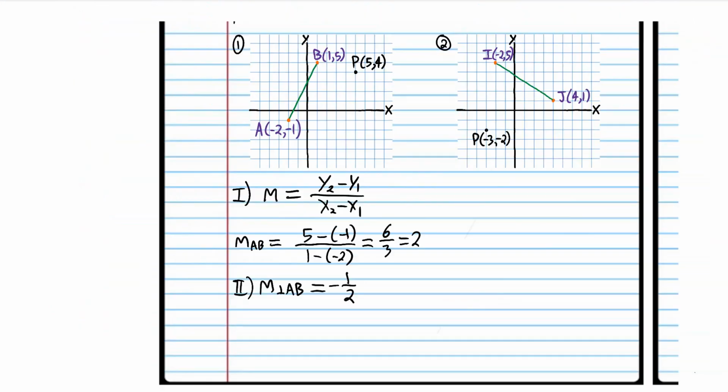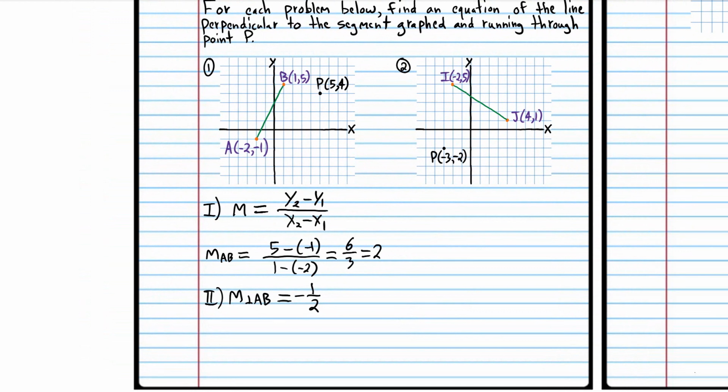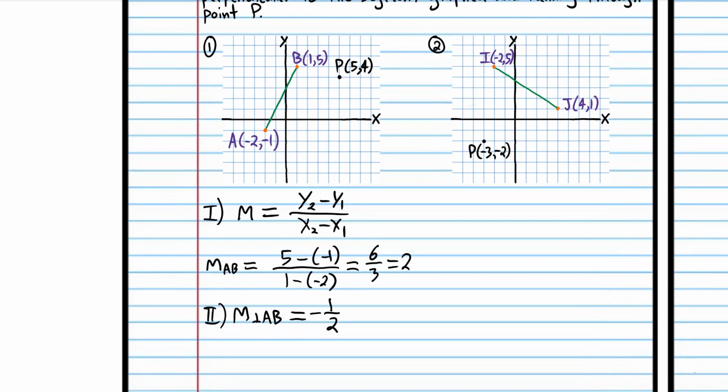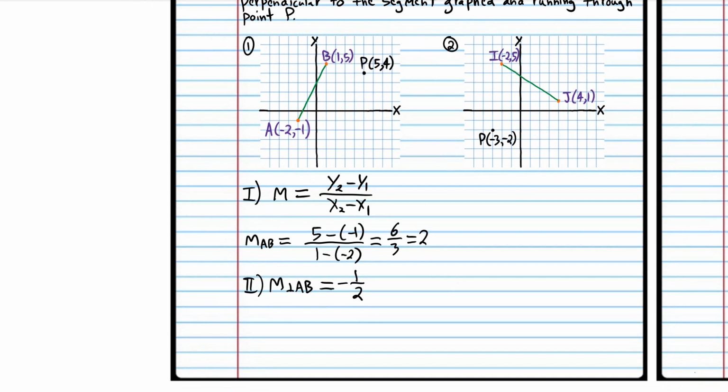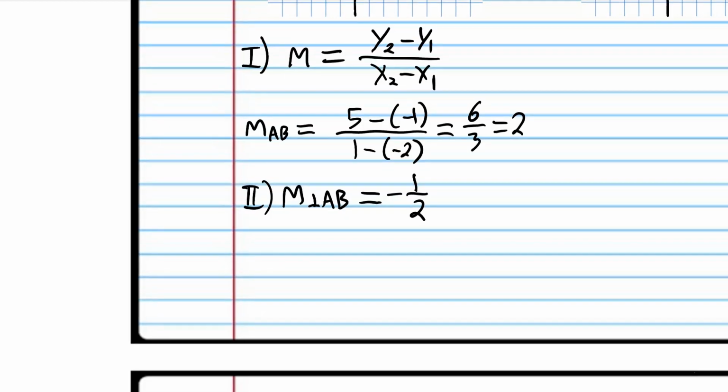So now we have the slope of our line, and we have a point on the line, P. So now we can just write the final answer, and we're going to use point-slope form because we have a point and we have the slope.